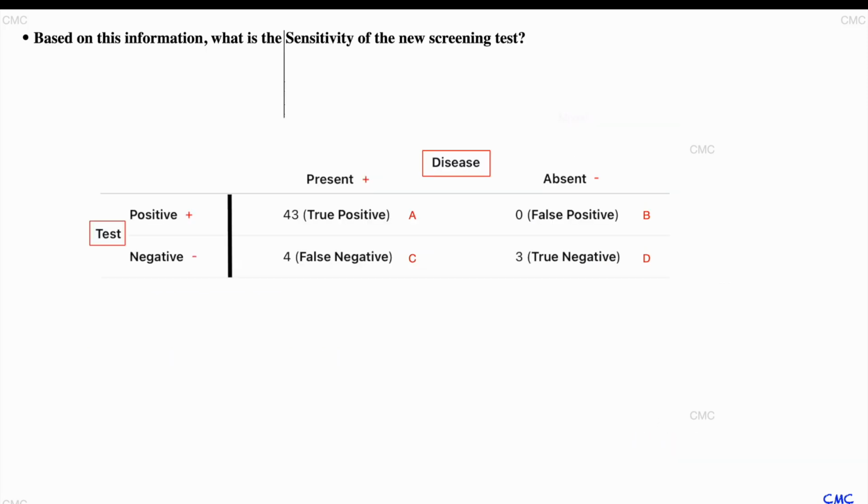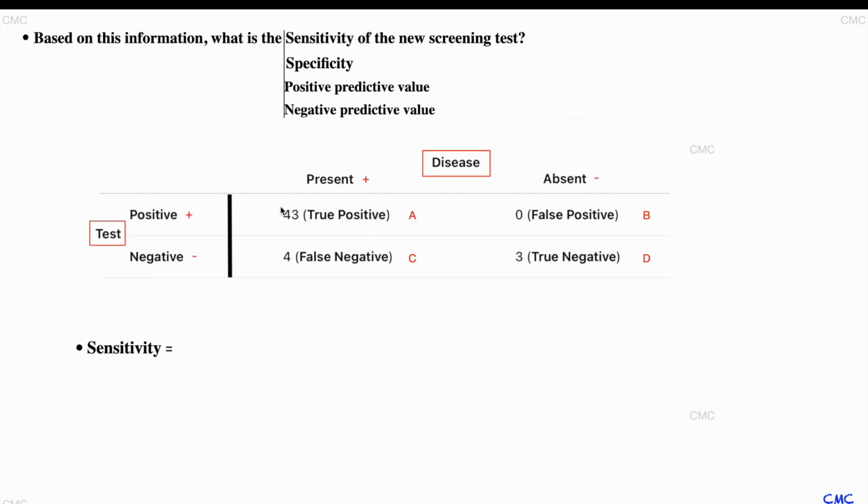Alright, we're nearly there. Now, all we have to do is to put those numbers into the formulas we just talked about and calculate our sensitivity, specificity, positive and negative predictive values. So let's do one together. Remember, sensitivity is the proportion of patients with the disease who have a positive test result.